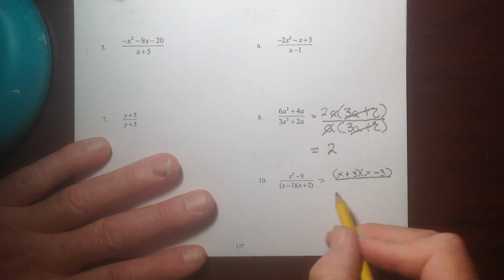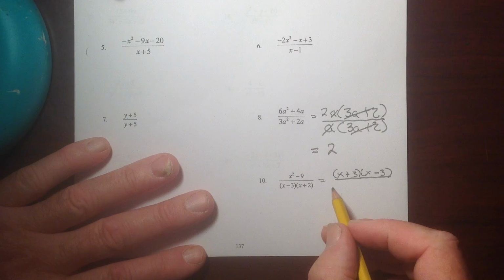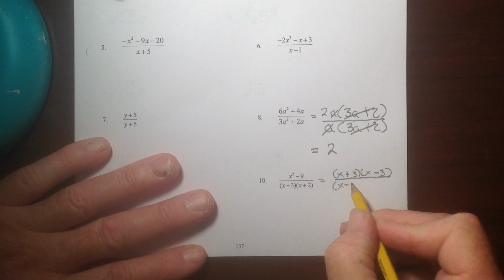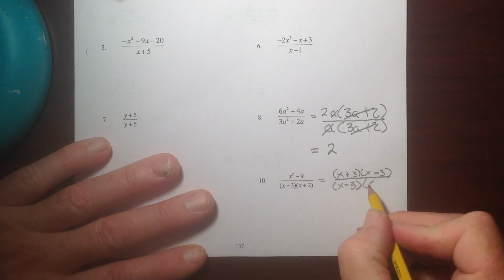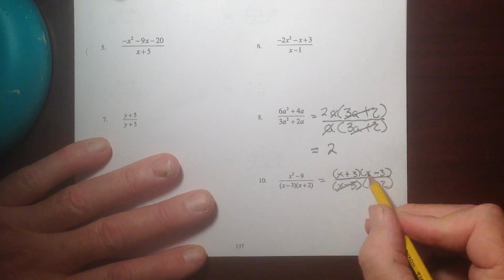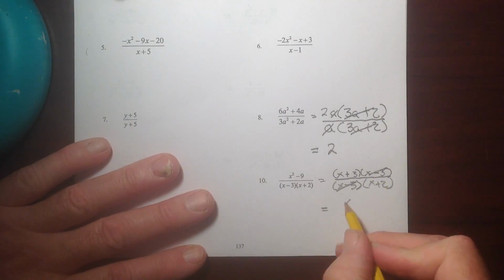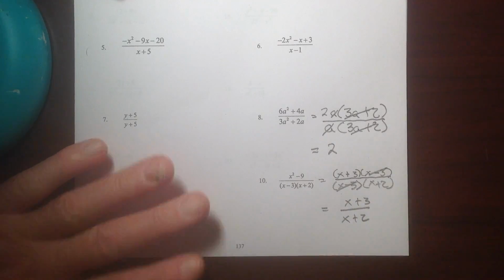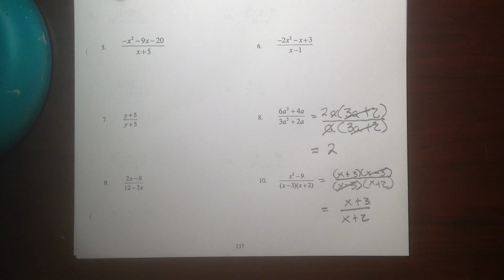Now the bottom is already factored, so all I need to do is copy it down, and then cancel what you can cancel. These two cancel, and you get x plus 3 over x plus 2, and you're done.